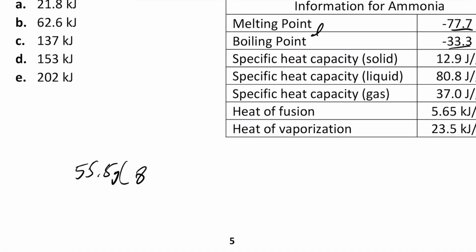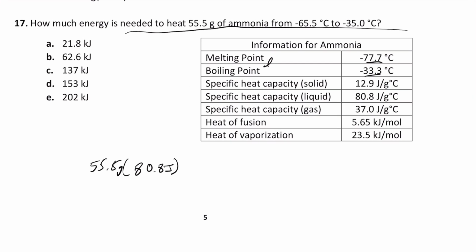So 80.8 joules per gram Celsius, times the change in temperature. So 65 minus 35 is 30. All right, so let's do all the math. So 30 times 80.8 times 55.5, and you're given that big number, 134.